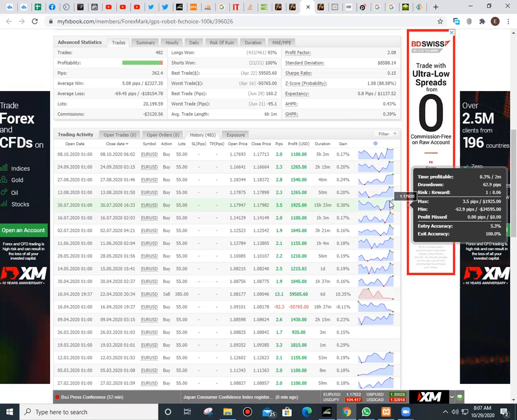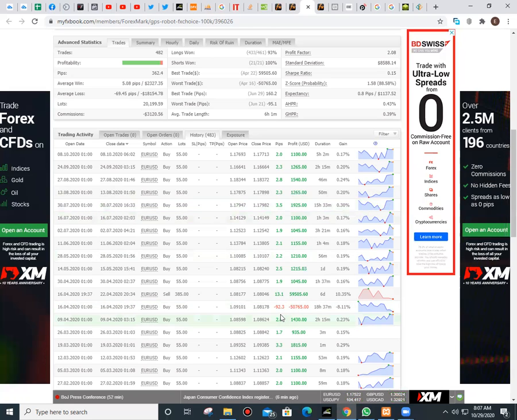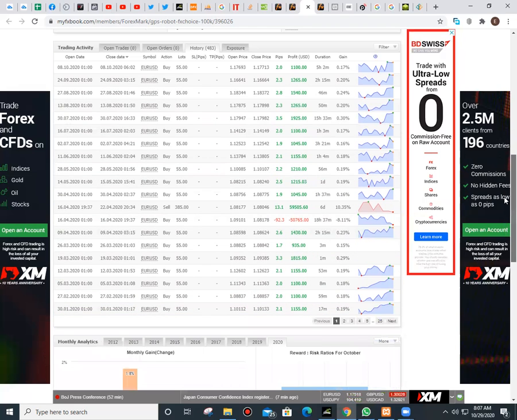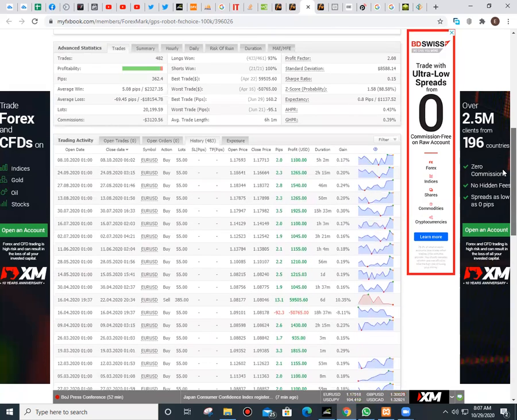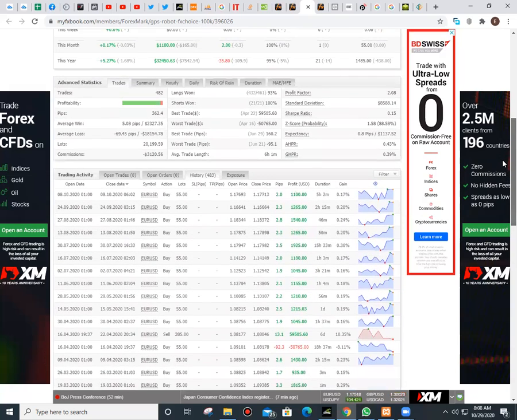But don't forget, he had some 92 pips that he lost. So when you see people screenshotting profits or showing this, but they cannot show this, Myfxbook does it.